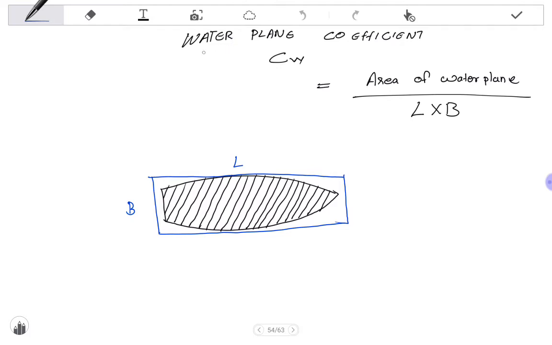Now another thing is water plane coefficient, or it is also known as coefficient of fitness.